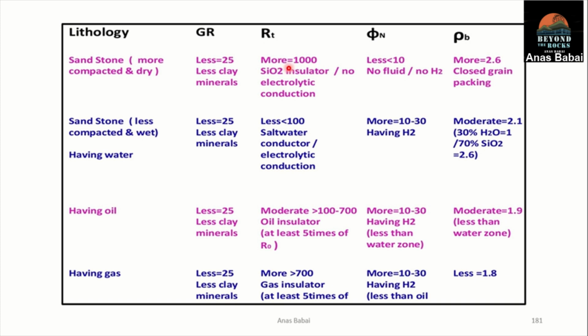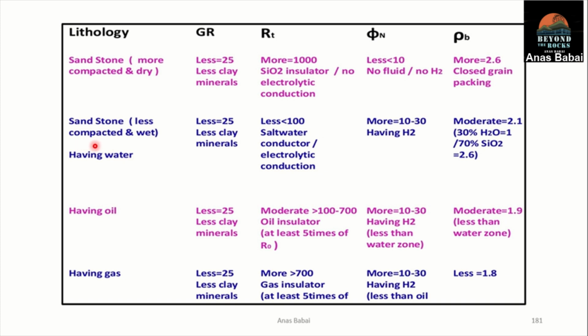So if it's dry or contains a non-conductive fluid, we're expecting high resistivity values. But here, since it's wet, we see that it's almost less than 100 if it's salt water, because it will be conductive, so the resistivity will be low.